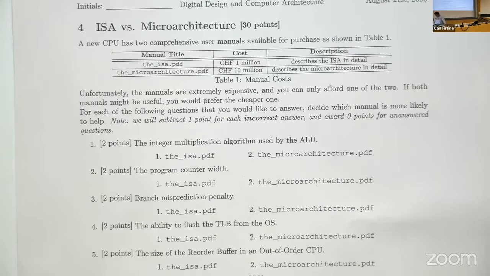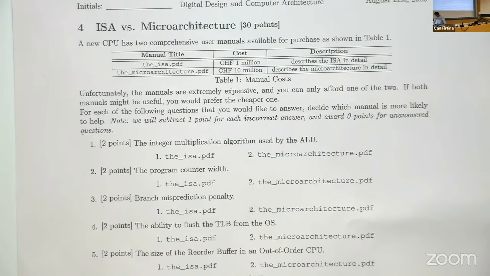You have the isa.pdf and the microarchitecture.pdf. The ISA manual costs 1 million francs, and it gives the ISA in detail. And the microarchitecture manual gives details on the microarchitecture, and it costs 10 million francs.